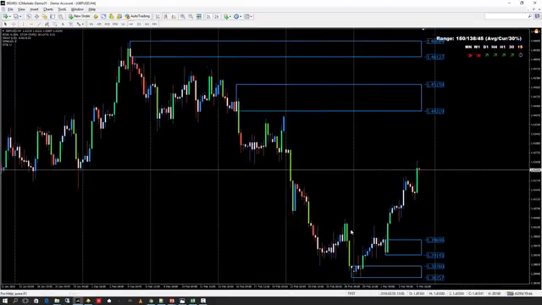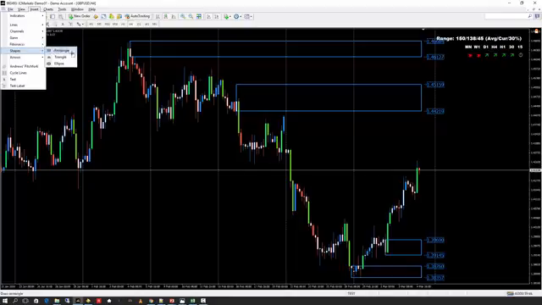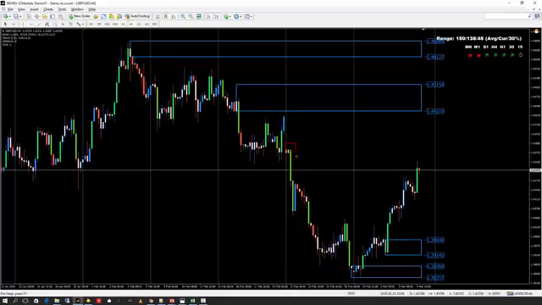And then we have some more messy price action just here, and it was taken out just here. This is a continuation pattern, how price rallied, accumulated, and then rallied.